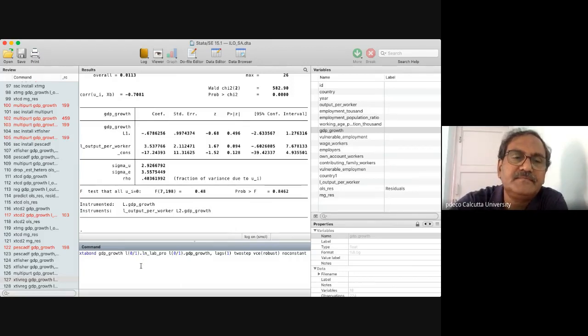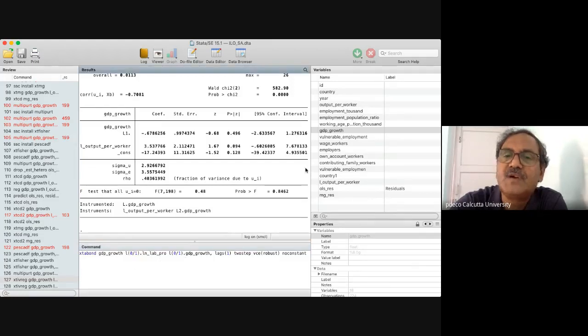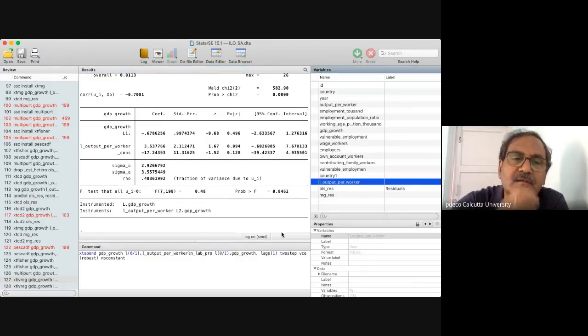Then we have to write the regressors. What is the regressor? Log of output per worker.